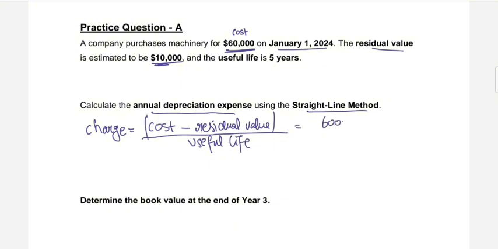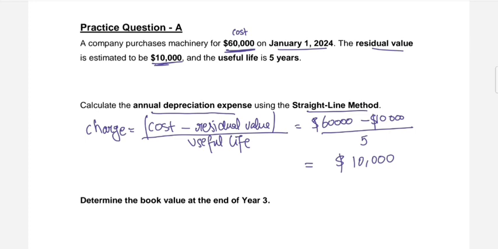So that's going to be 60,000 minus the 10,000, because 10,000 is the value of the asset which we will not be consuming, and then divide this by 5. This should give you 10,000 of the depreciation charge every single year. All right. So 10,000 is the depreciation charge we will be charging every single year until the time period of the 5 years completes.